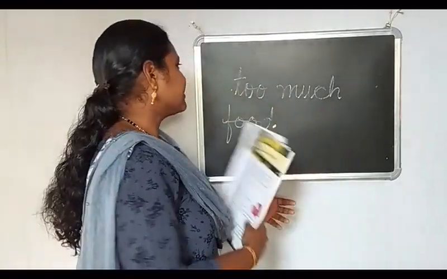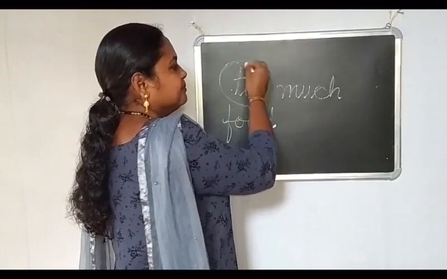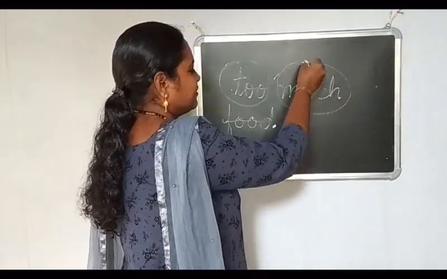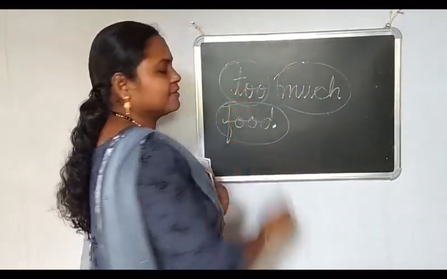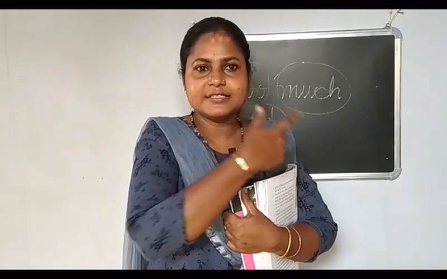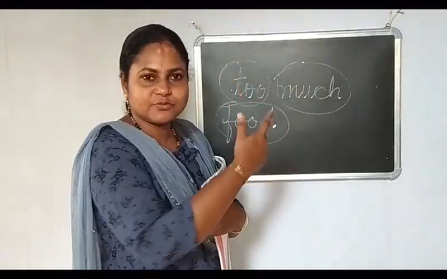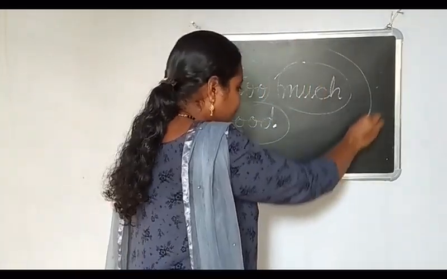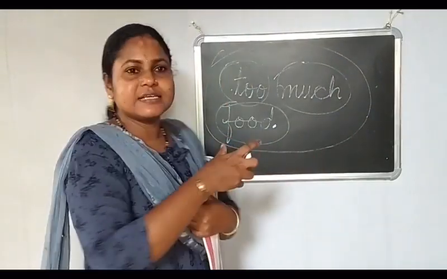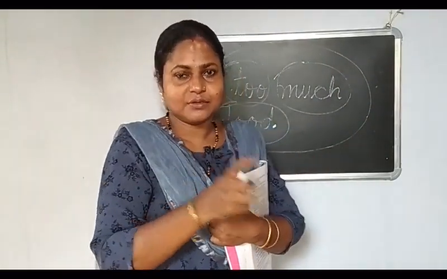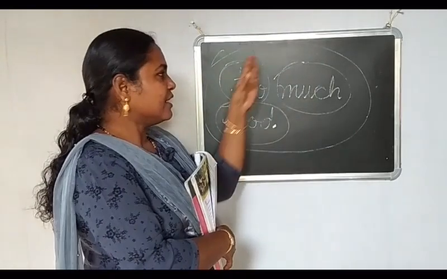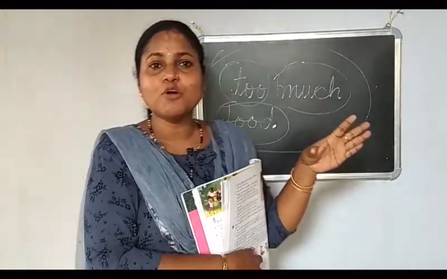Too is a word, much is another word, and food is another word. These three different words together we can take as a group of words.